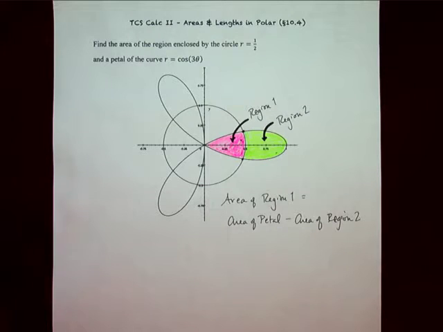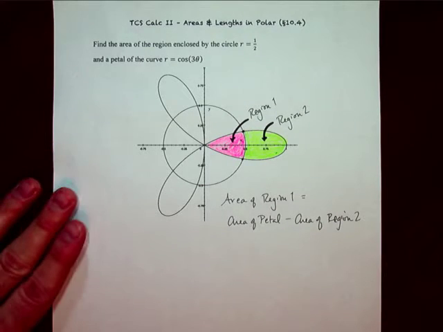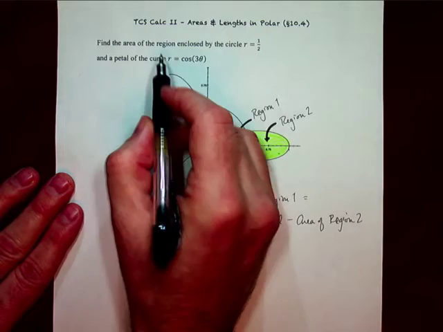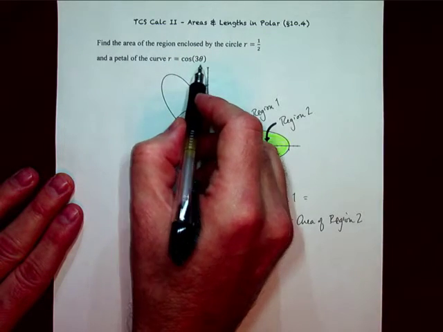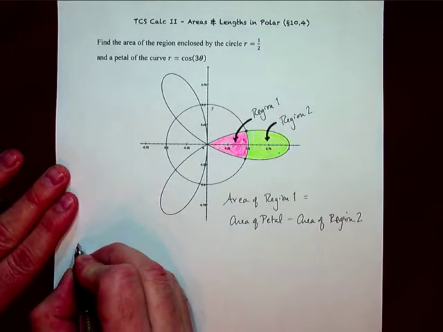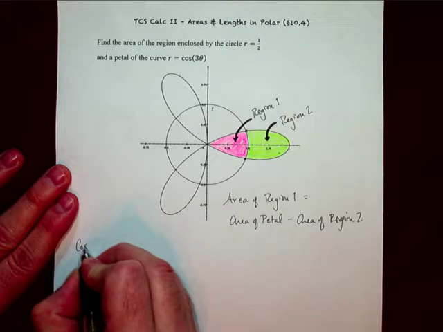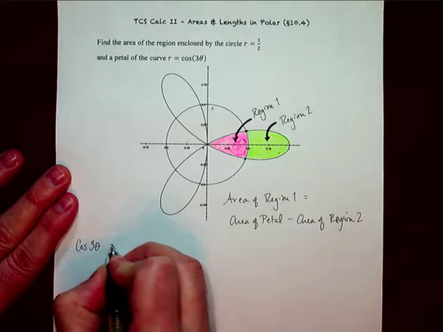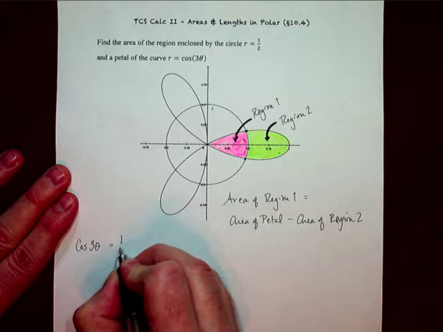So I need to find the points of intersection, and that's real easy because r is equal to cosine 3 theta and r is equal to 1/2. So really what I'm looking for is: where is cosine of 3 theta equal to 1/2?